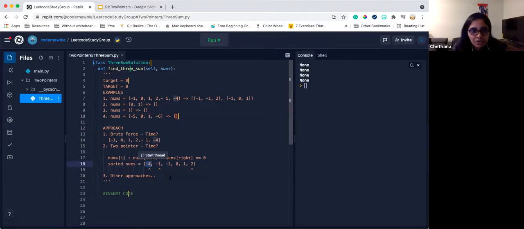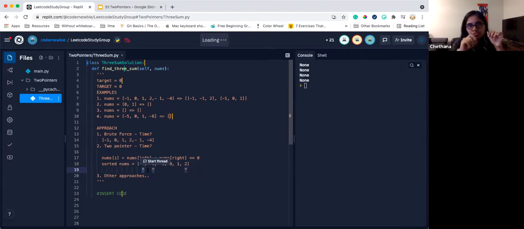So for this we would need to do our usual 2-pointer approach, right? The outermost pointer is not really the 2-pointer approach. It's just going to keep iterating for every element within nums. This is already sorted, so let's try.